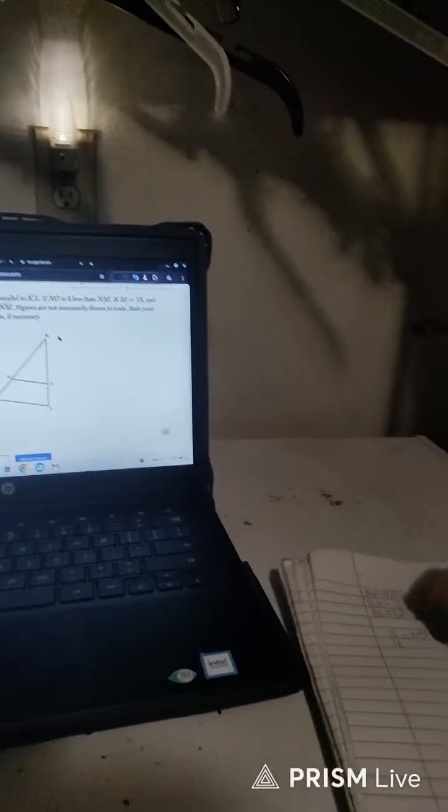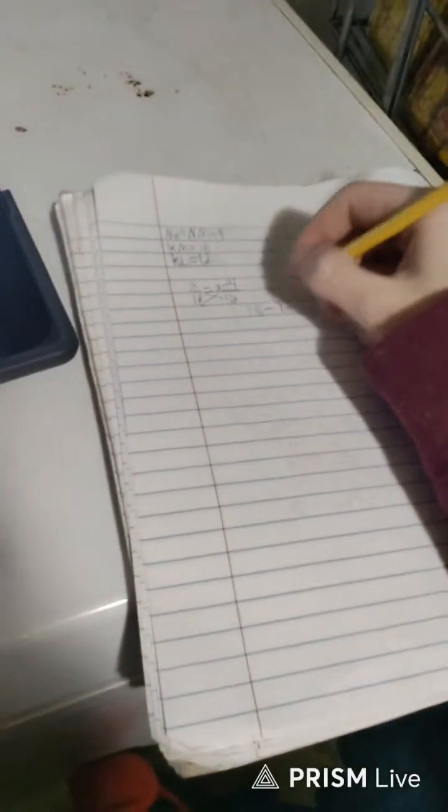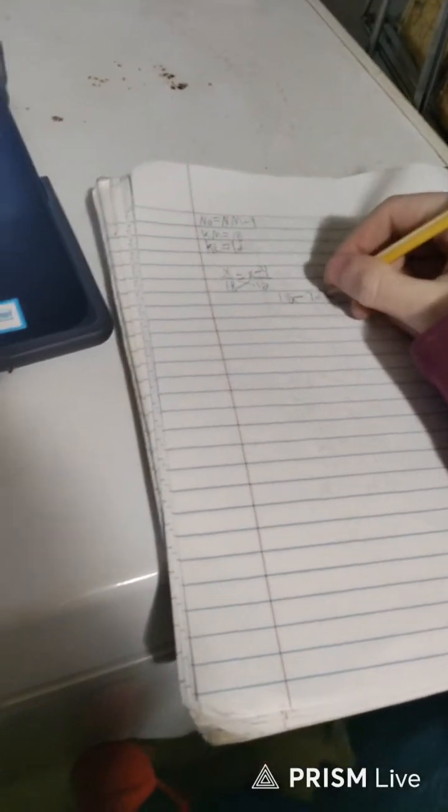So NO is x minus 4 over KL, which is 12. Alright, so we do this. 18 times x, which is 18x, minus 18 times 4, which is 72. So 18x minus 72 is equal to 12x.